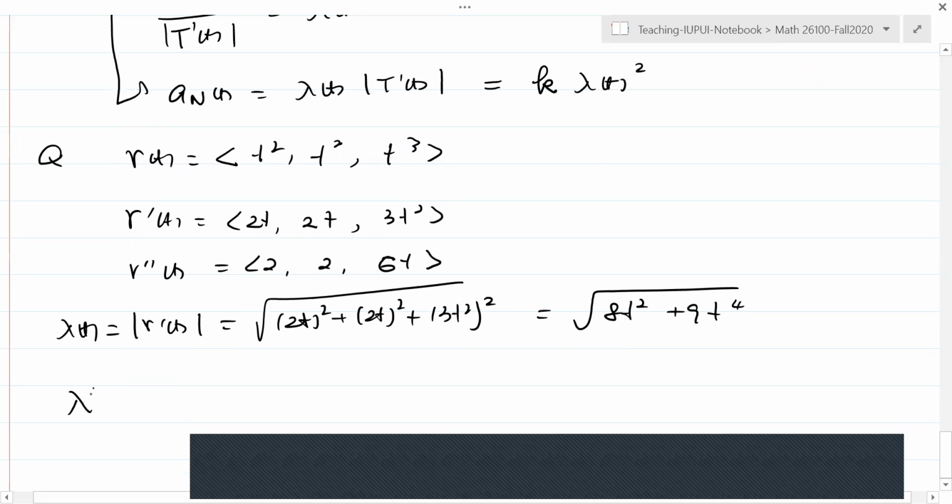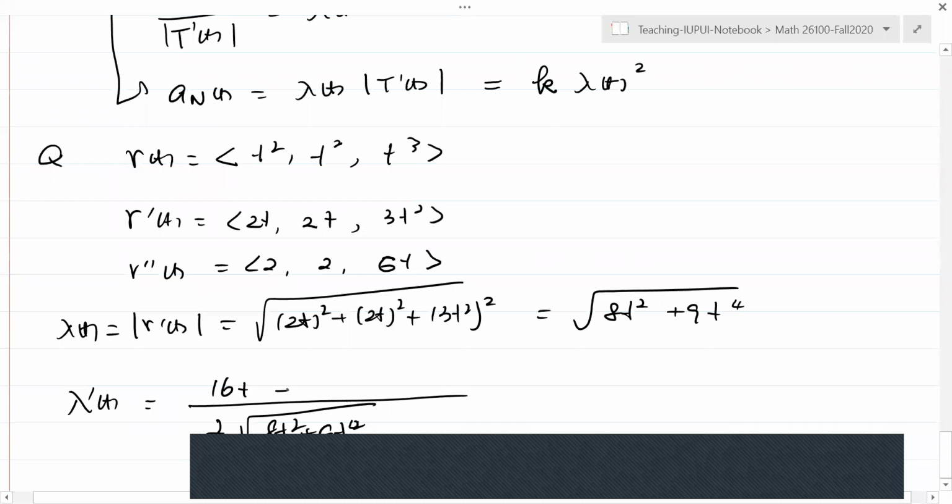The derivative of lambda is going to be, use the chain rule, right? It should be one half divided by the square root of 8t squared plus 9t to the fourth power. Then I differentiate the inside.